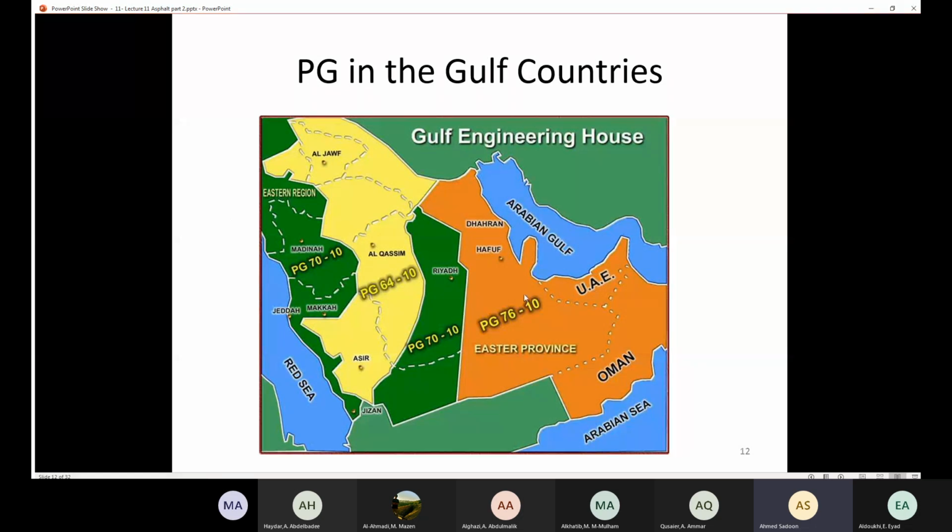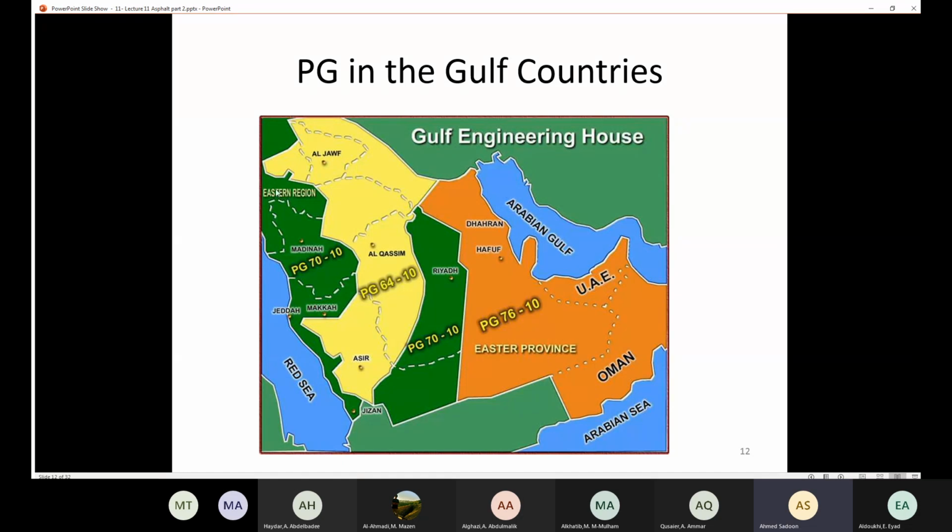Okay, so for example, if you are going to use asphalt in Medina city, then you are going to use PG 70-10, which means that the asphalt is going to support a maximum temperature of 70 degrees Celsius and a minimum temperature of minus 10 degrees Celsius.